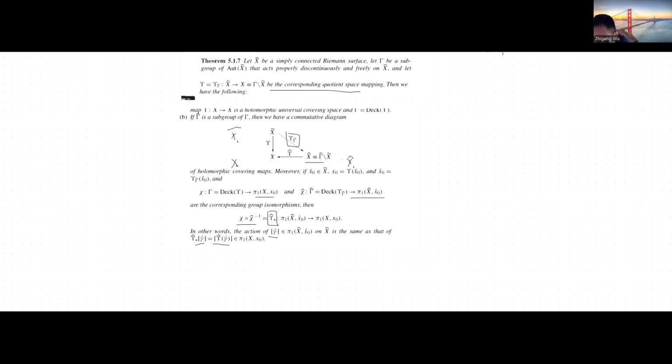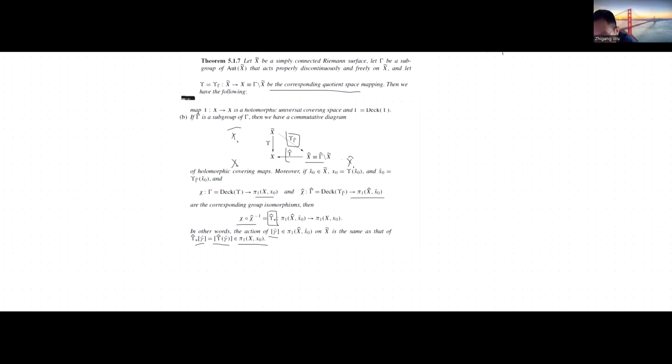The image of that action will be the endpoint of the unique lift with that fixed starting point. It's the same action of the gamma hat push forward.